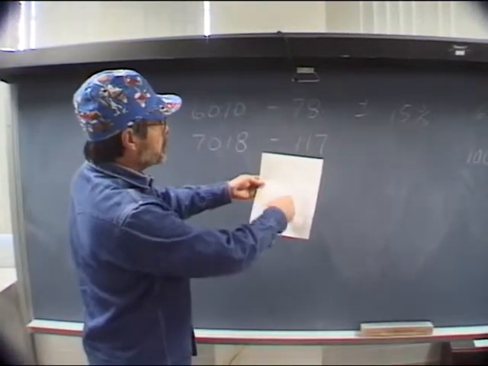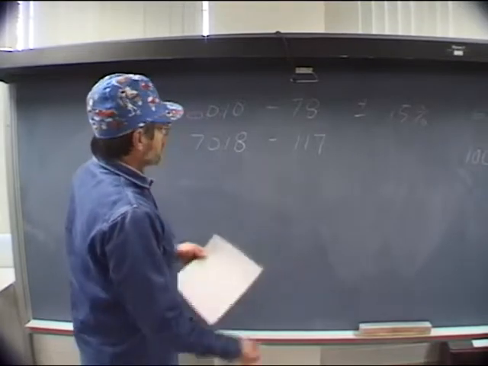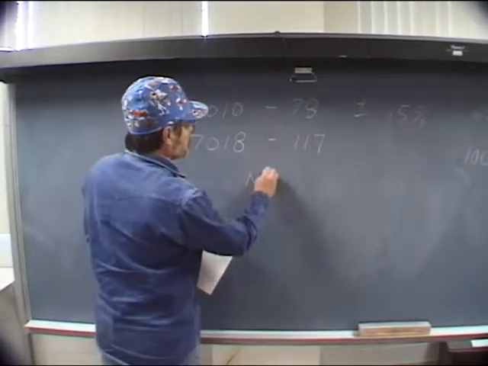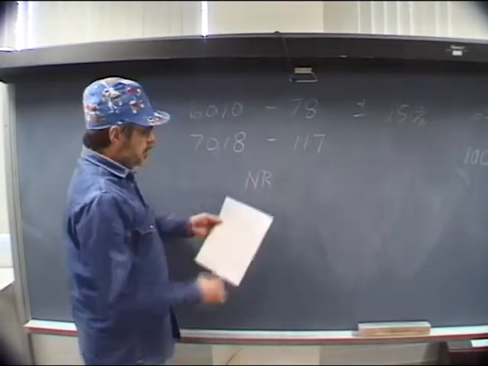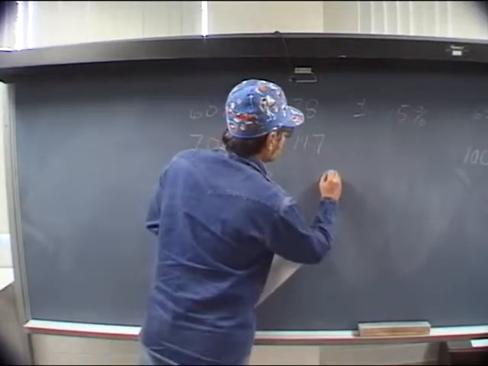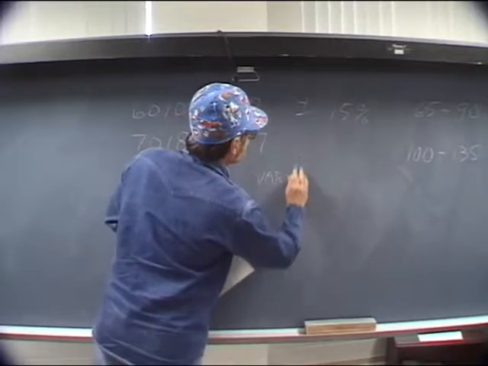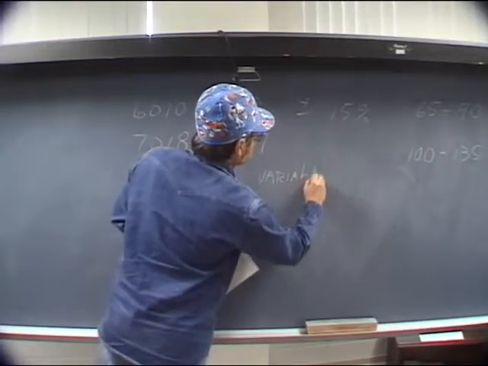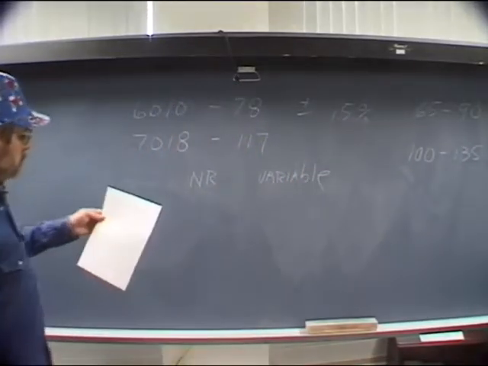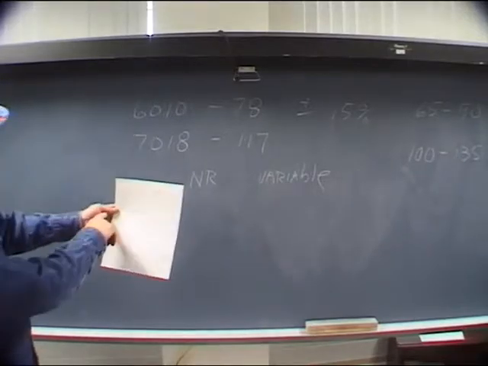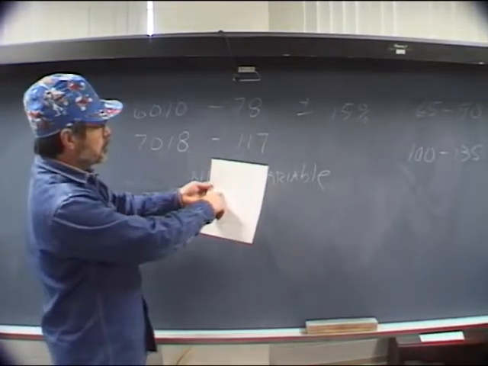Voltage, you can record it or not. A lot of times it's not recorded, and if it's not recorded, you could write NR, or you could put variable. I've seen this a lot on welding procedures. Of course, we didn't use tungsten, but if we did, we'd have to record what type it was.